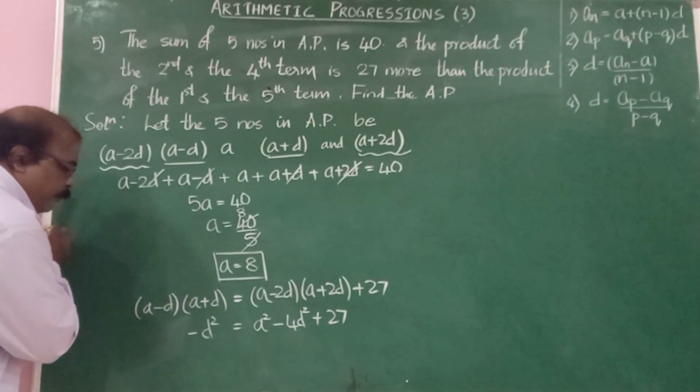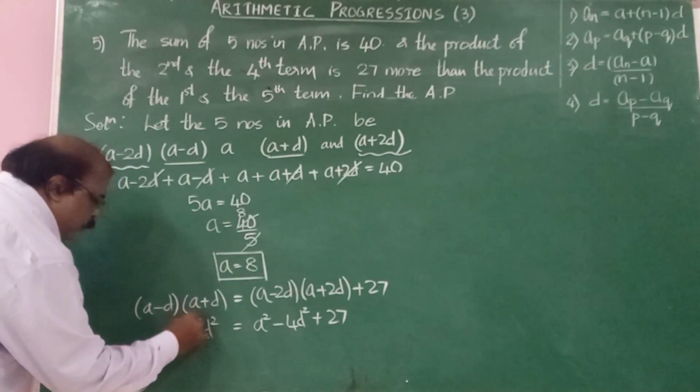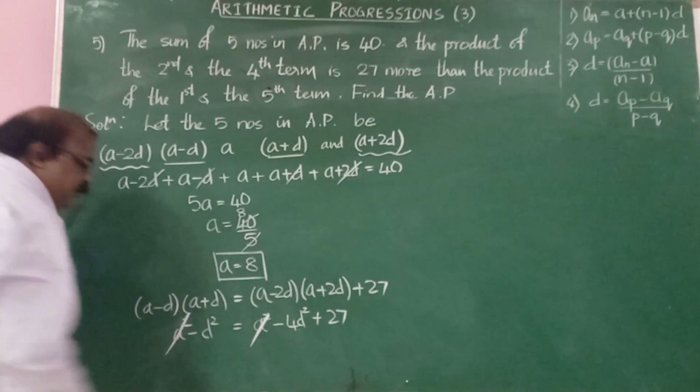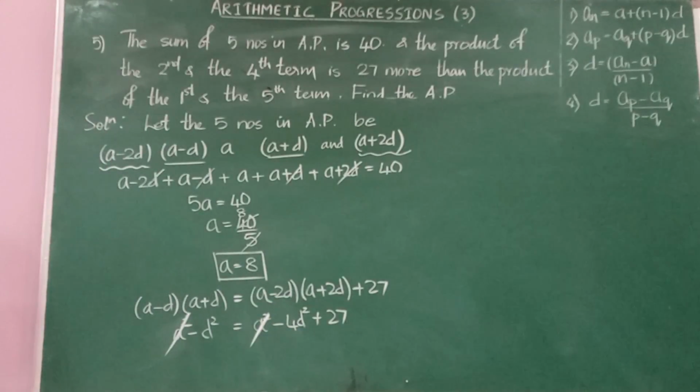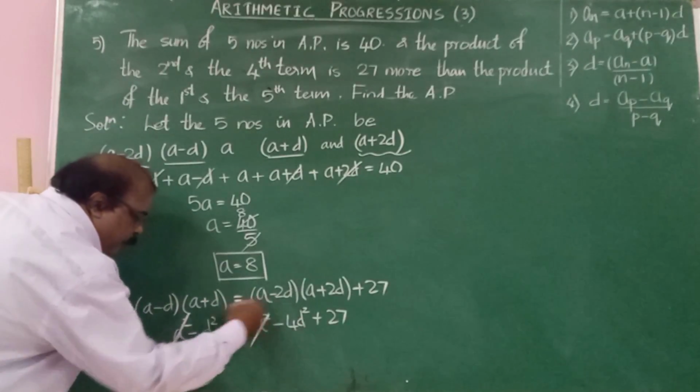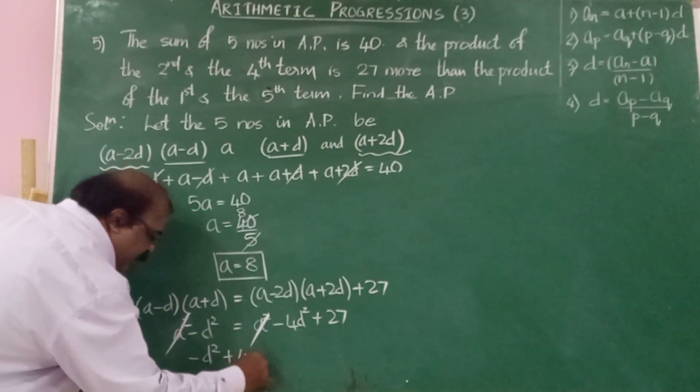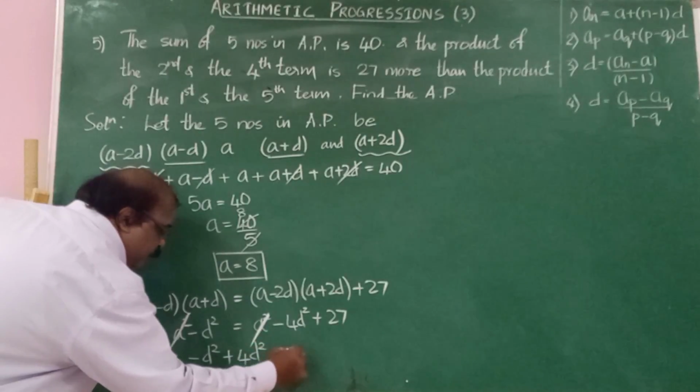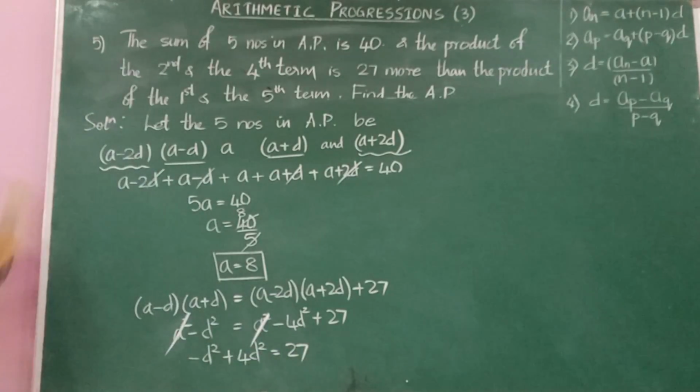This A square and this A square cancel. So what I get? Minus D square, minus 4D square coming this side, plus 4D square is equal to 27.